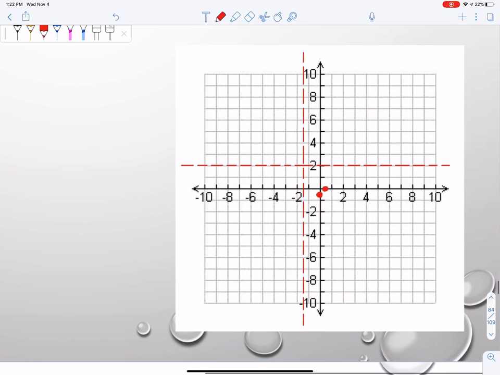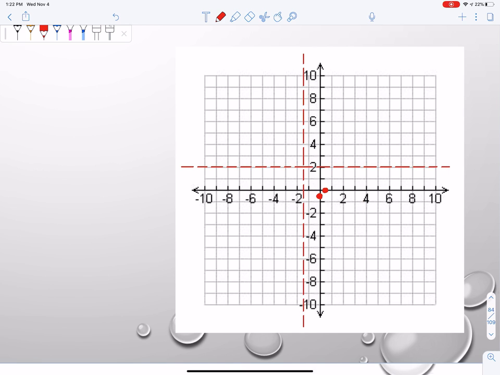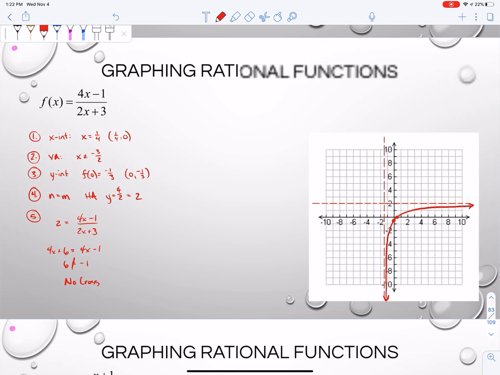Let me try it again. All right. So we're going to get something that looks like that. Okay. And in both cases, in the vertical and the horizontal, I'm going to get close to that asymptote. I probably don't want to actually touch it per se, but get close. You don't have to get super crazy close, but you don't want to be too far away.